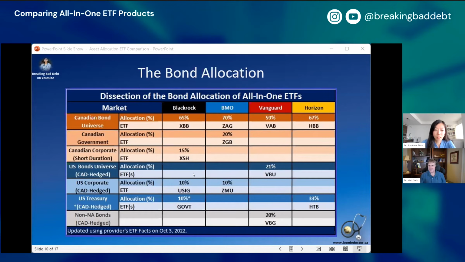And some folks might ask a question about this slide about the Canadian hedged bonds. How important is the hedging when it comes to, let's say, currency risk, for instance? Yes, so I was going to mention that all of the US and non-North American bonds held by these funds are Canadian dollar hedged. And that's really important because when things get risky, that's when bonds go up in value and your stocks go down in value.